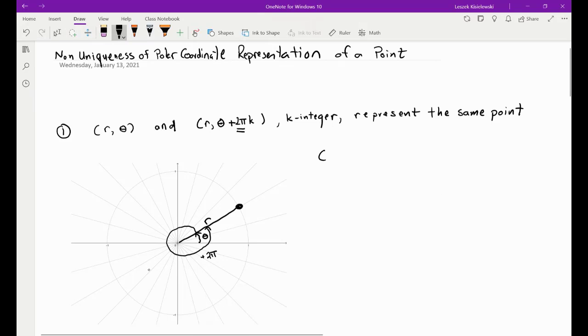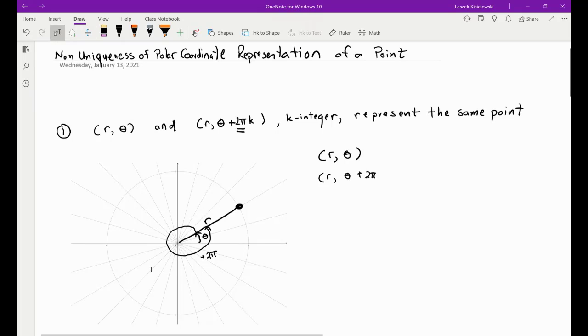So it turns out that if you have r and theta to represent a point, you can always add 2 pi to that to get back to the same point, because you've just made a full revolution.